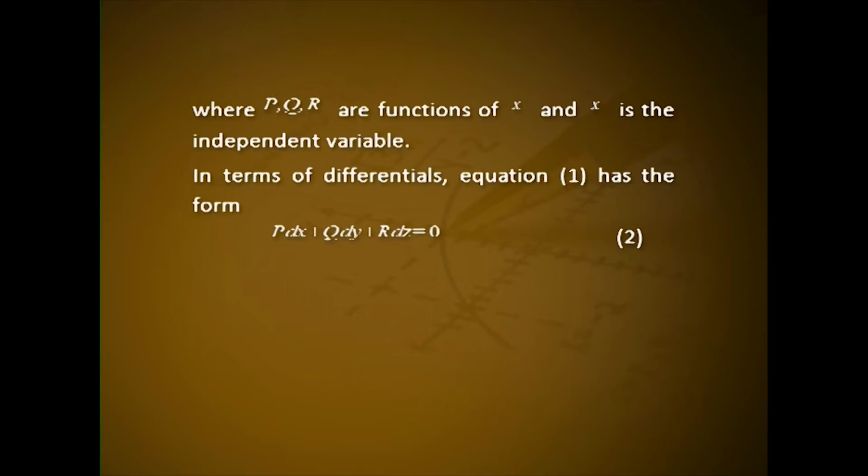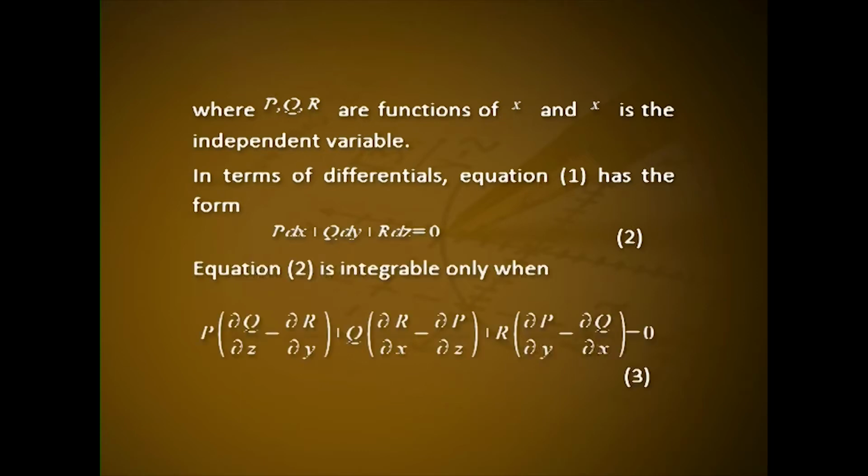In terms of differentials, equation 1 has the form p dx plus q dy plus r dz is equal to 0. Equation 2 is integrable only when p into dou q by dou z minus dou r by dou y plus q into dou r by dou x minus dou p by dou z plus r into dou p by dou y minus dou q by dou x is equal to 0. Let it be equation number 3.